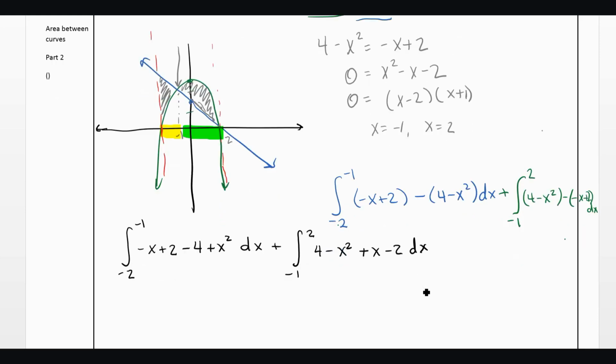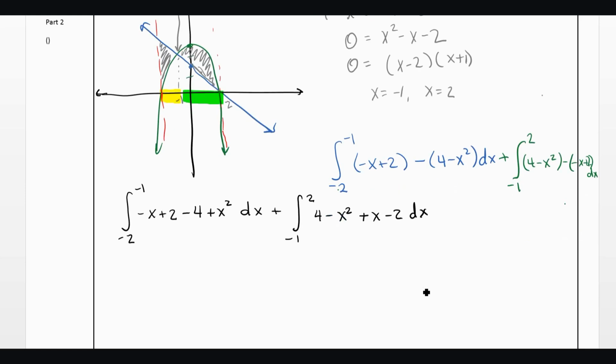Now, at this point, these are not hard integrals to evaluate. The setup is really the key here. And so you could say, okay, this is negative 2 to negative 1, x squared minus x minus 2 dx, plus negative 1 to 2, we've got negative x squared plus x plus 2 dx.